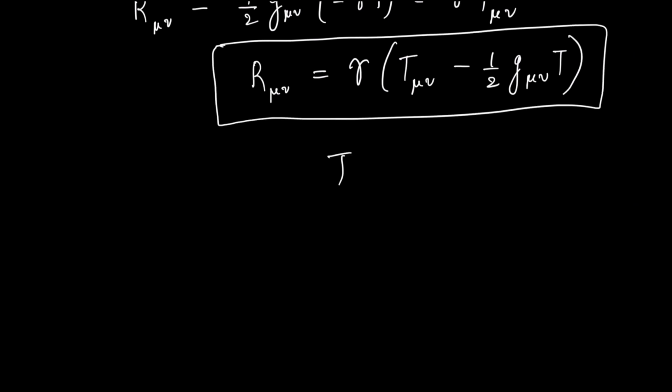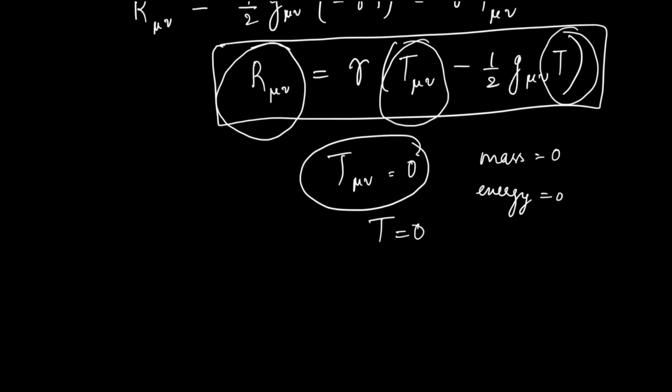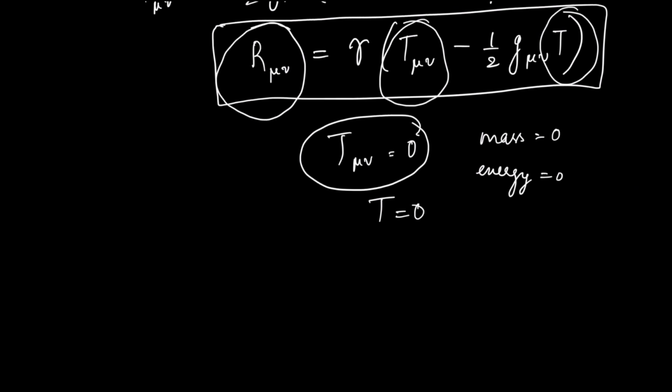If T mu nu is equal to 0, that is, there is no distribution of energy or momentum, no mass, if mass is equal to 0 and energy equal to 0, then T mu nu will be 0. Correspondingly, T will also be 0. If T mu nu is 0 and T is equal to 0, then you can see that the curvature is also 0, which means there is no curvature. So you can see that the energy-momentum tensor and the curvature tensor are related. If there is no distribution of mass and energy, then there is no curvature.